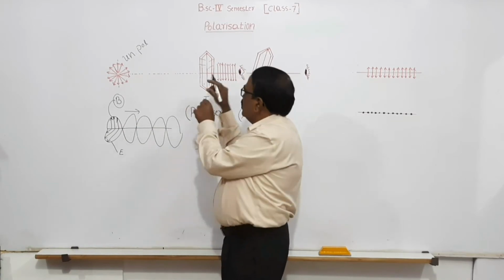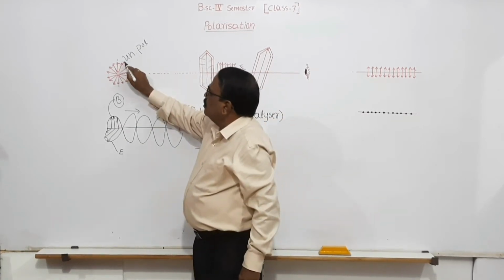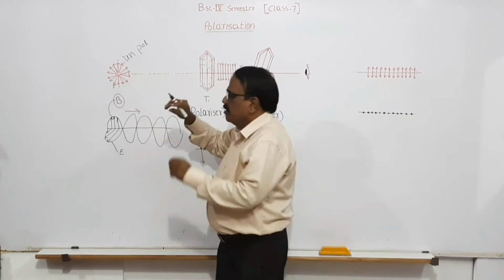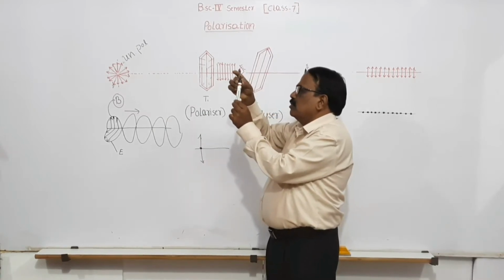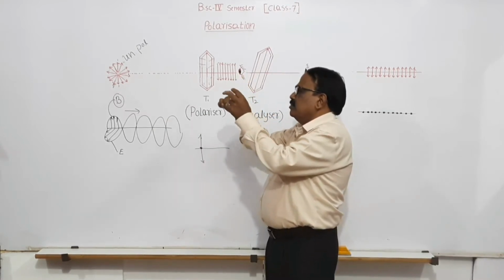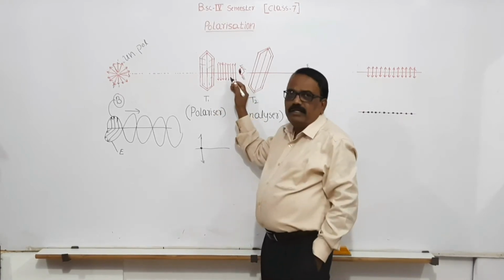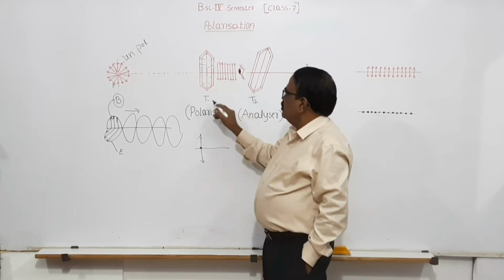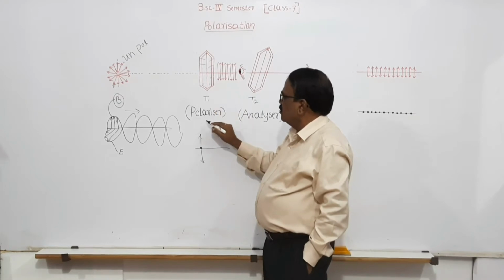And if you rotate this slightly, one stops, two vibrations may pass. Like this, if you go on rotating this single crystal through 360 degrees, then no change in the intensity of the light is observed. This crystal T1 is called a polarizer.